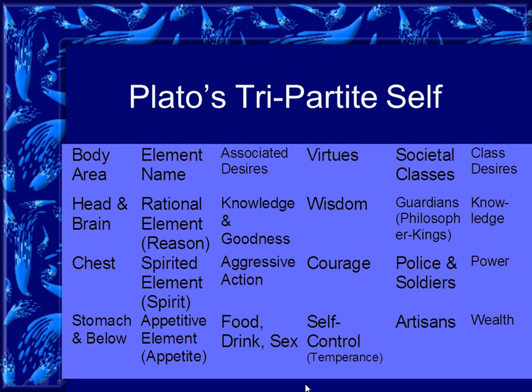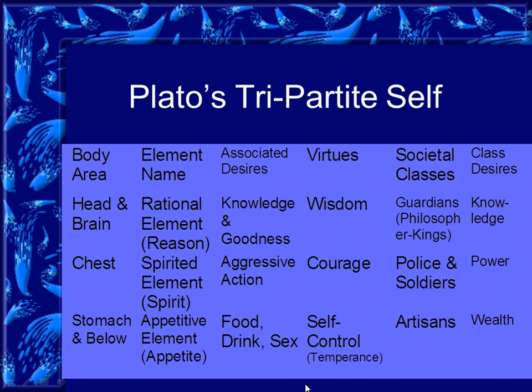But then, those are the people who excel intellectually. The people who naturally are aggressive. In other words, every human being has these three characteristics, but for Plato, some people in society, as we said, are dominated by one or the other.